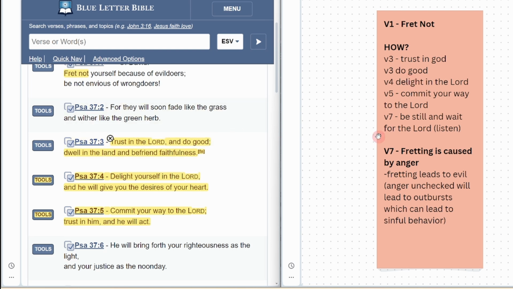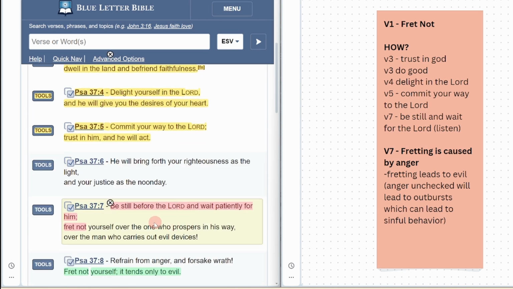That's in verse 3 as well. We delight in the Lord. That's in verse 4. We commit our way to the Lord. That's in verse 5. And then in verse 7, he says, be still and wait patiently, fret not. So also, how do we not fret? We just still ourselves and we wait and we listen for the Lord.